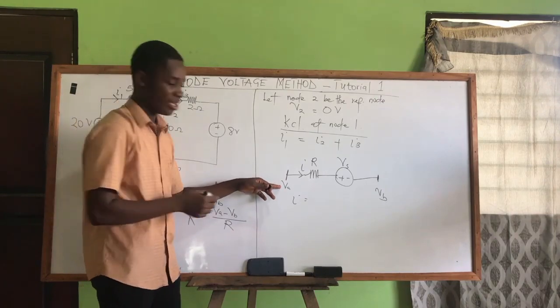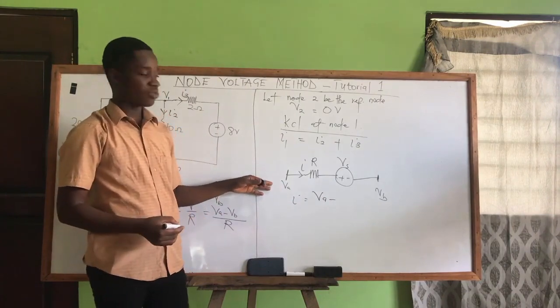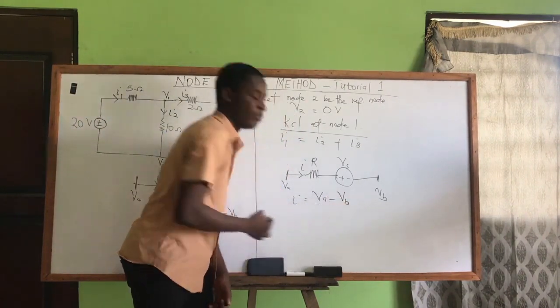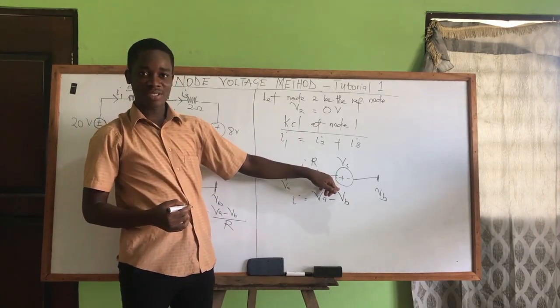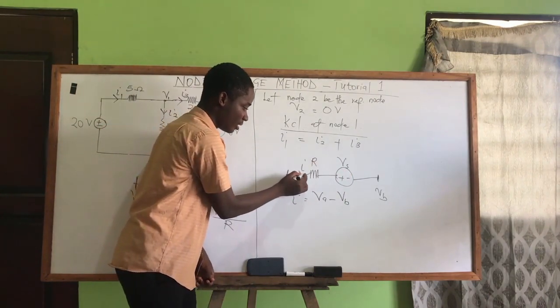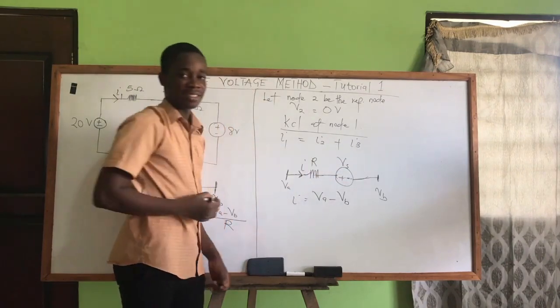The current is starting from VA, so I have node voltage VA minus, where is the current going? It is going to VB, so minus node voltage VB. But on this branch we have another voltage source, Vs. When this current is flowing, it will enter this voltage source at the positive and leave at the negative.